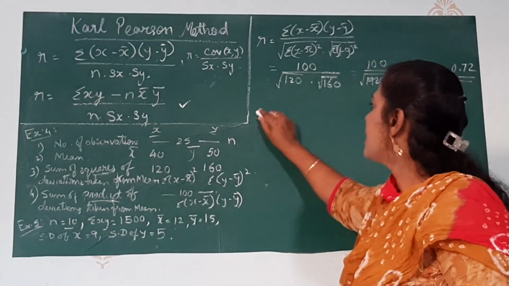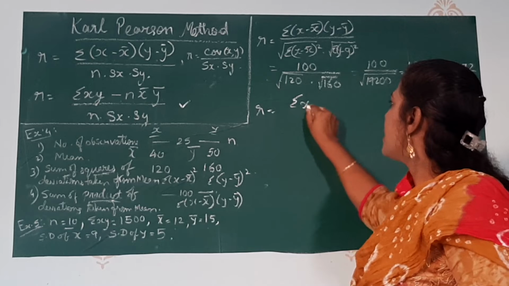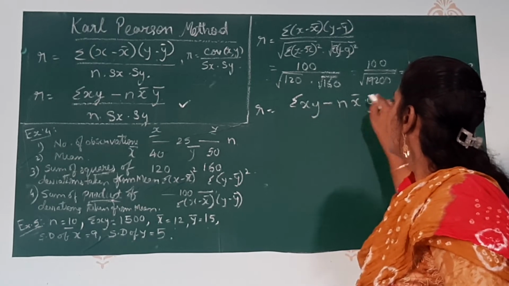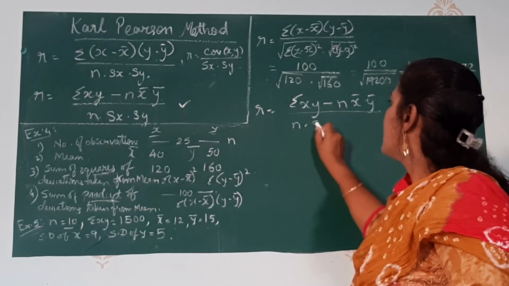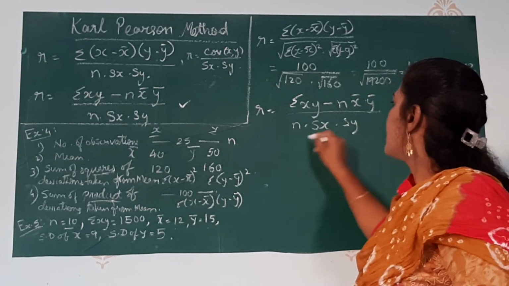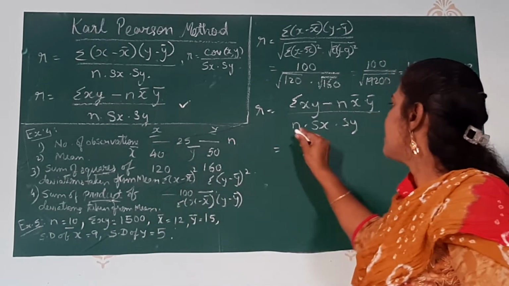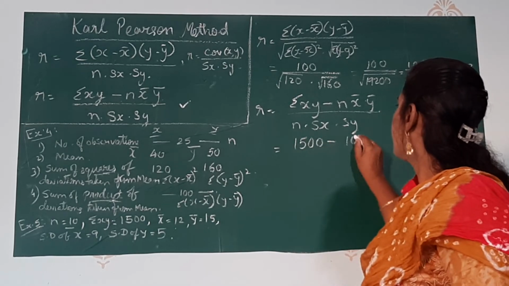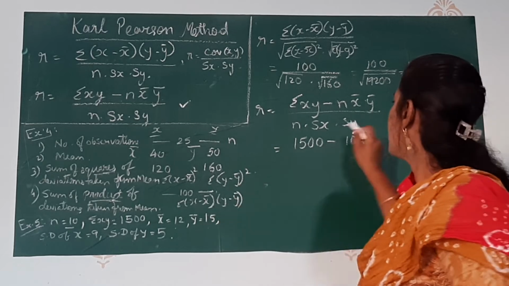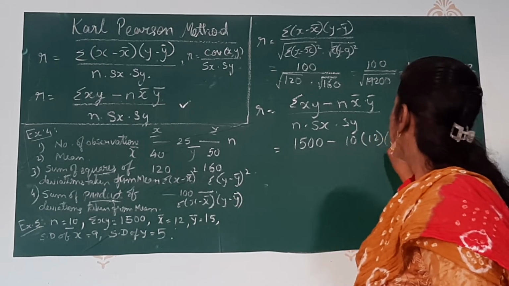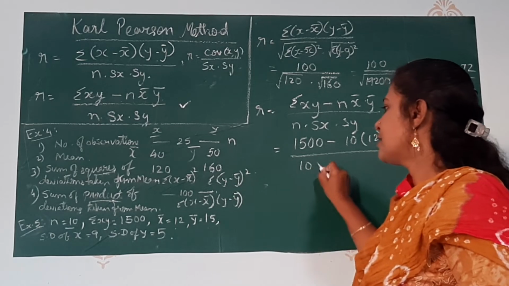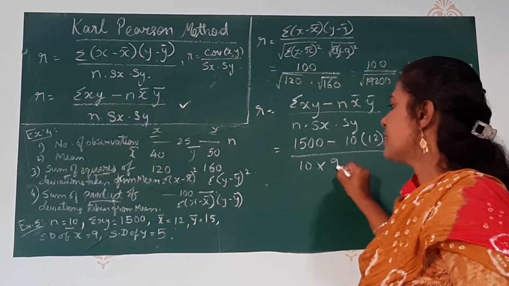We will take r equals sigma xy minus n x mean y mean upon n Sx into Sy, that is sigma xy is 1500 minus n is 10, then x mean is 12, y mean is 15, and again n is 10, Sx is 9, Sy is 5.